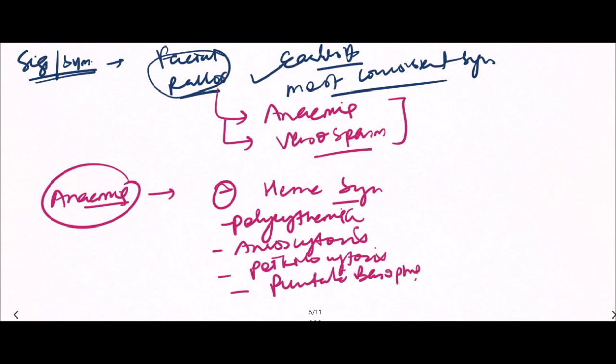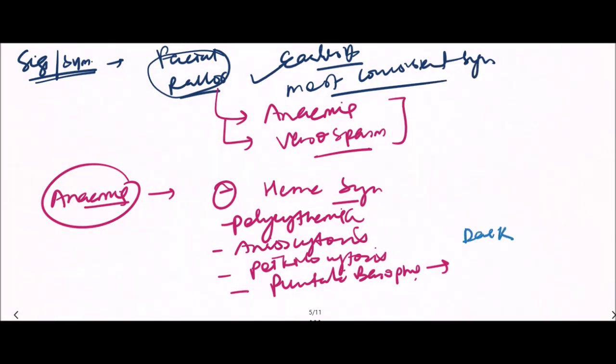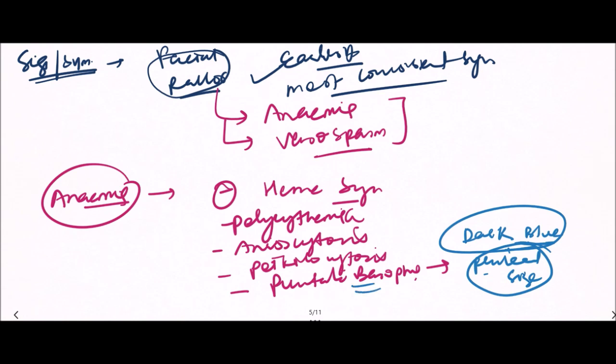What happens? Dark blue, pinhead size dots are present in the cytoplasm of RBC, and this is known as punctate basophilia.